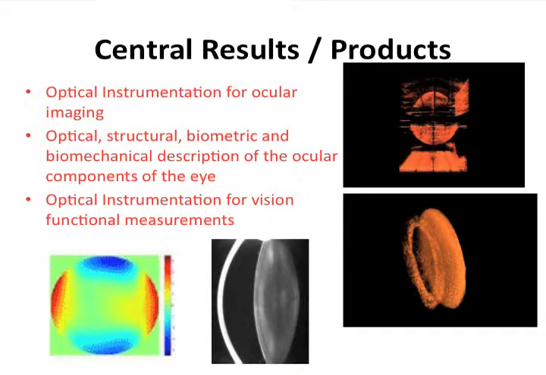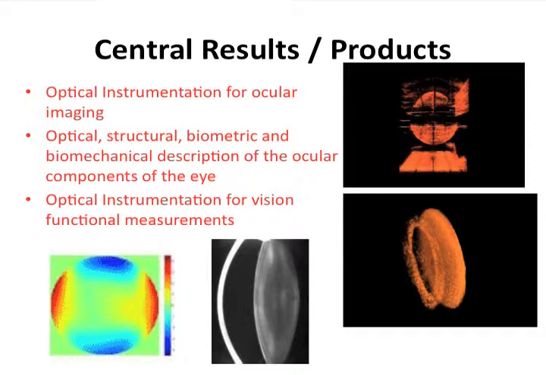Some of our results, or products, include optical instrumentation for ocular imaging, an integrated description of the ocular components of the eye, including optics, structural, biometric, and also biomechanical description of the cornea and the crystalline lens, as well as optical instrumentation for vision and functional measurements.